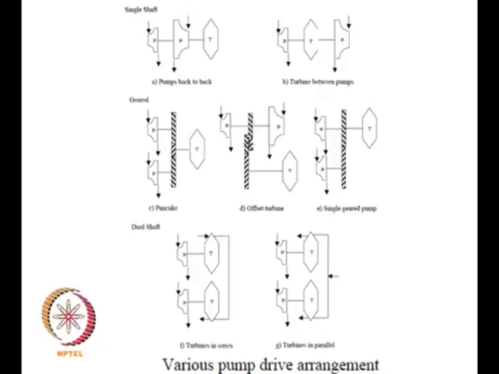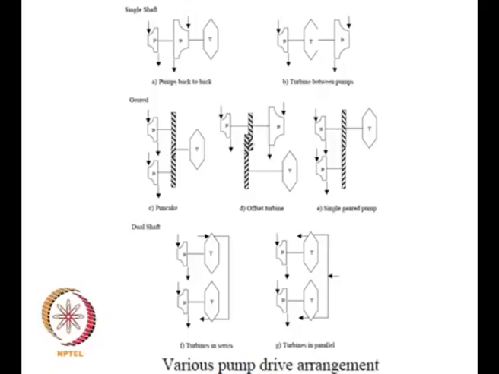Now the arrangement shown here, D, the turbine and the pumps are, in the earlier case the turbine was on one side and the pumps were on one side. In this case the turbine is in between the two pumps.